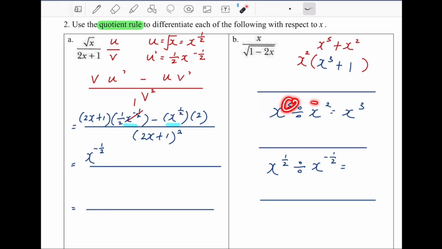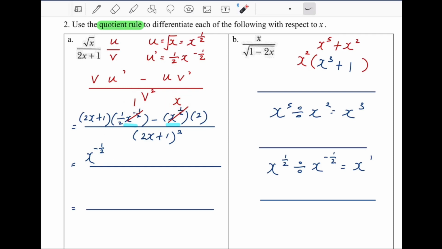You have 5 minus 2 equals 3, so same thing: 1 over 2 minus negative 1 over 2. So you have x power 1. When you factorize both of these by x power negative 1 over 2, you have 1 here, and you have x here.